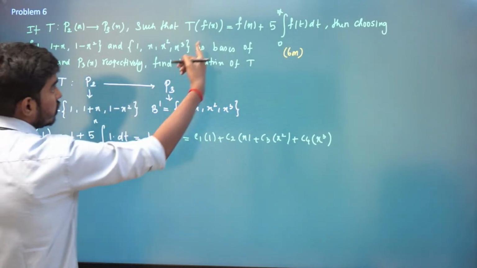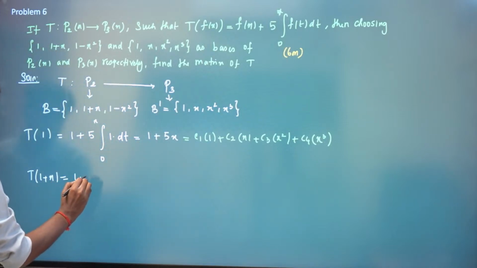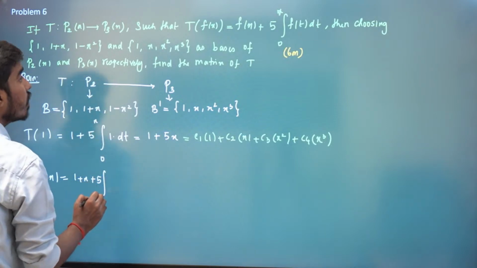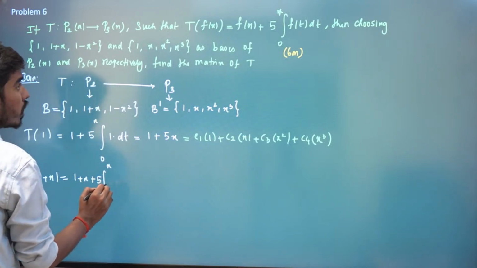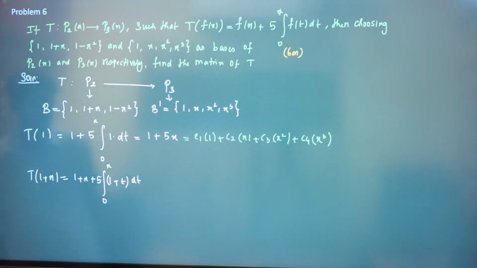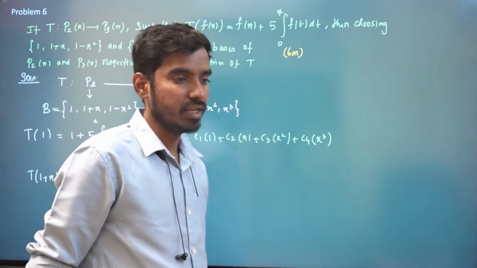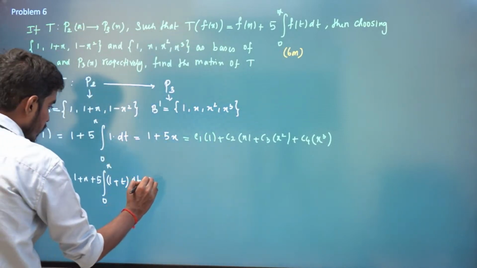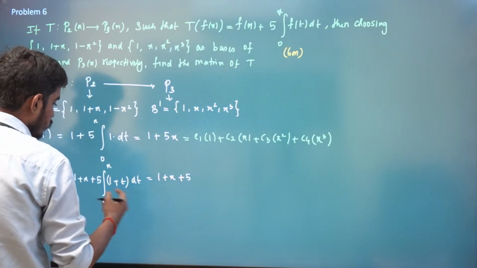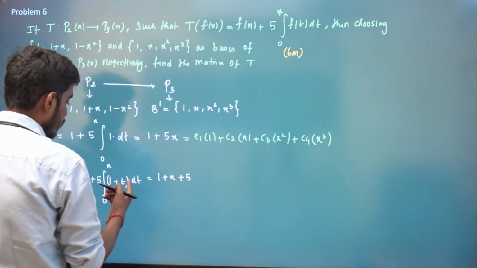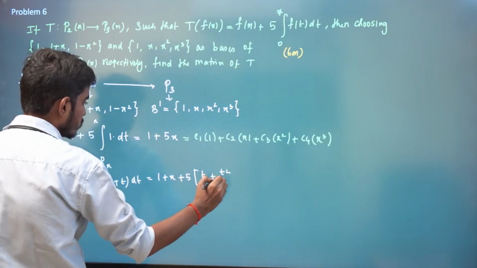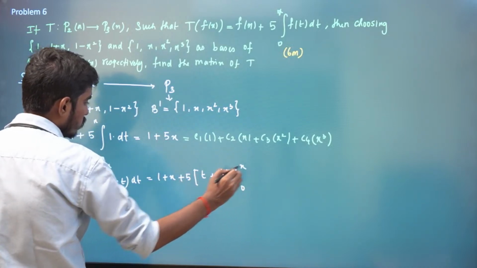So your f of x is 1 plus x. So f of x plus 5 times integration of 0 to x f of t dt. So f of x is 1 plus x, so f of t is 1 plus t. So this will be 1 plus x plus 5 times integration of 1 plus t dt. Integration of dt is t. Integration of t dt is t square by 2, 0 to x.